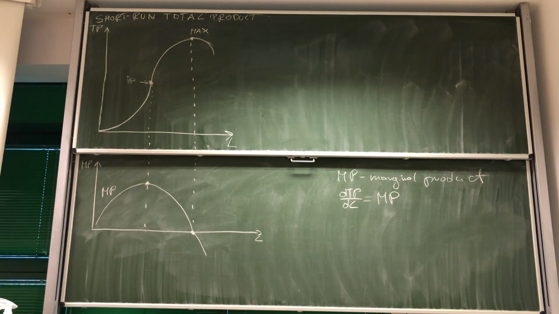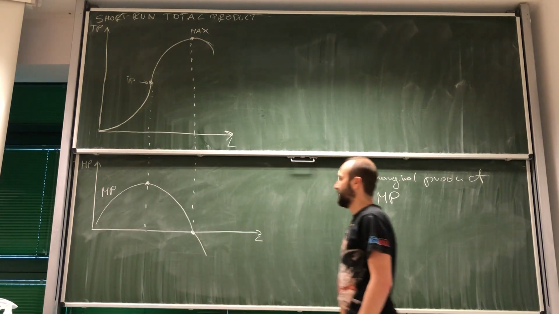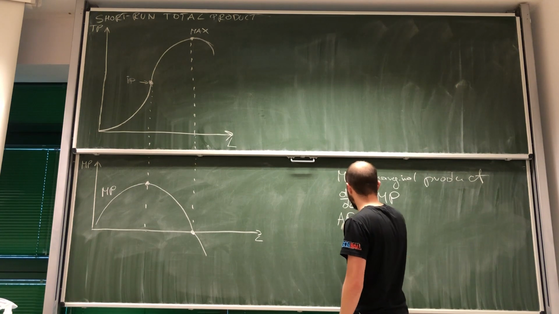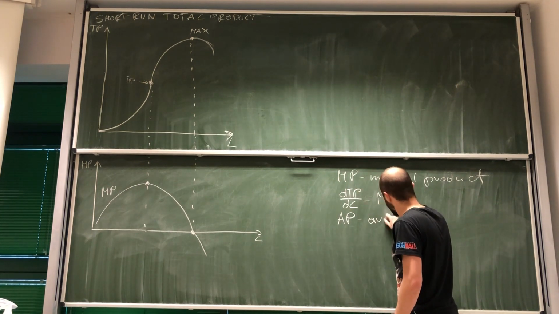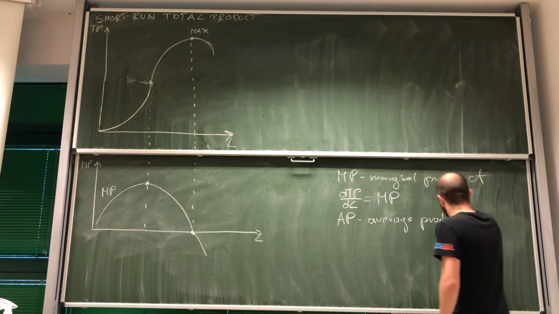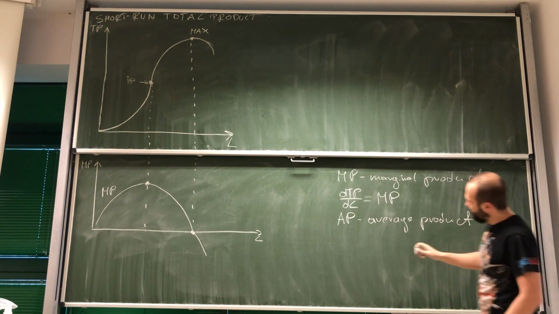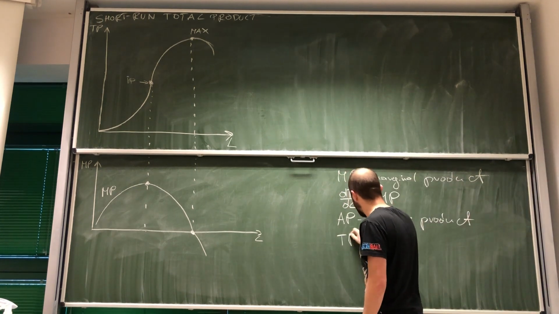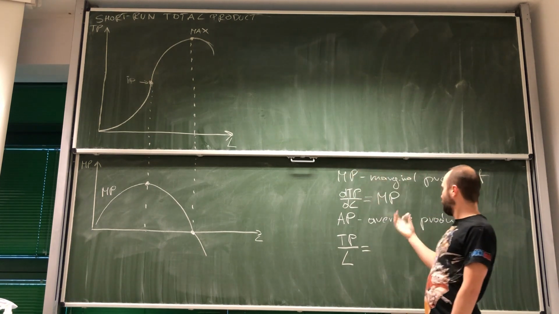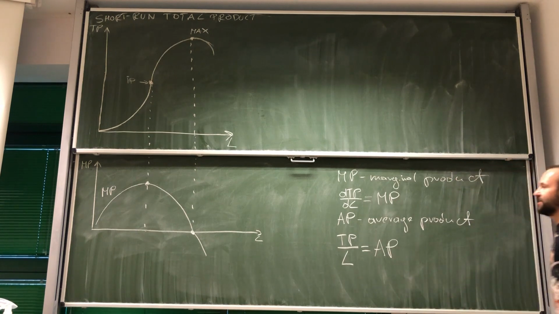Now, another thing that we can calculate over here is average product. Average product is the total level of production in the company per one worker, so how much on average one worker is producing.